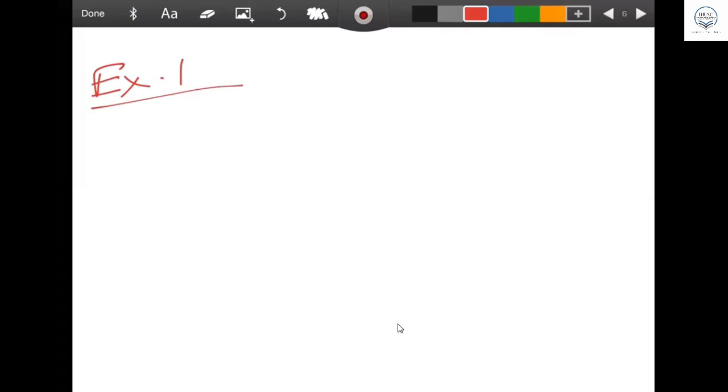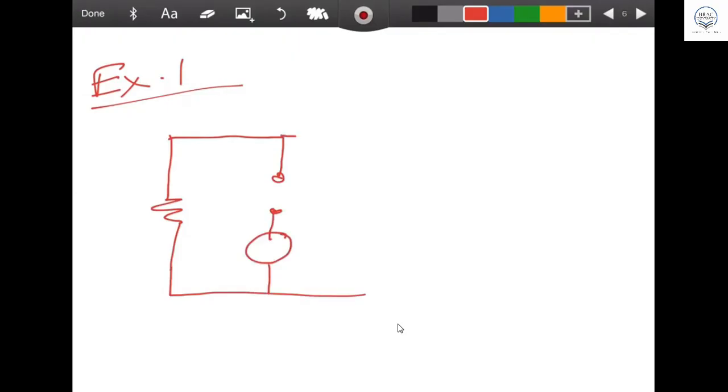So example 1, all of you can just draw it. The question will be like this: a resistor can be here, simple, and a switch can be here, and a voltage source can be here, and a resistor here, and a capacitor here.